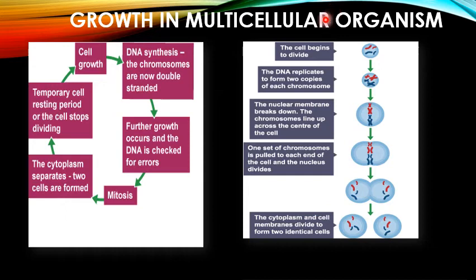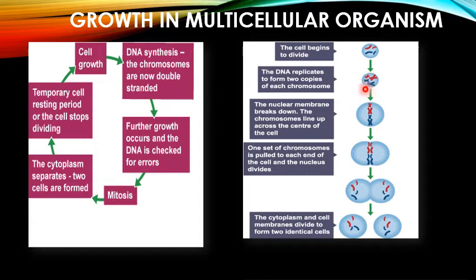Coming on to mitosis, which is cell division, the cell divides and the chromosome copies are separated. Here you can see that the nucleus also divides and the cell divides.